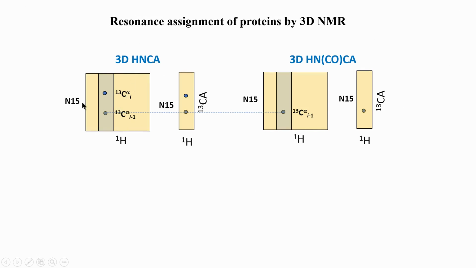For every amide nitrogen and proton chemical shift, that is for every residue, every amino acid which has these chemical shifts, in the third dimension we get the C alpha of the residue i minus 1 and the residue i, for the same amide proton chemical shift. So, that is shown here in the strip format. Now, how do we know which is i minus 1 and which is i? That information comes from HNCOCA.